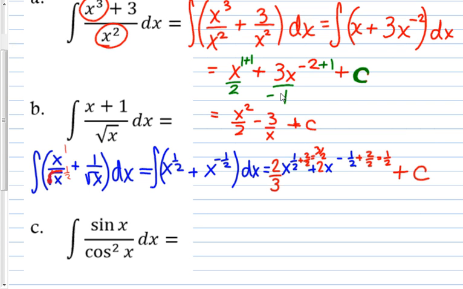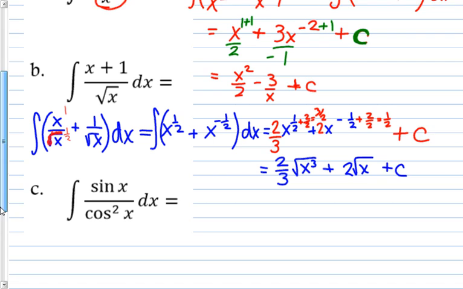So what I have is 2/3 times the square root of x cubed plus 2x, but then that 1/2 means it's square root, and then plus c. All right, c.